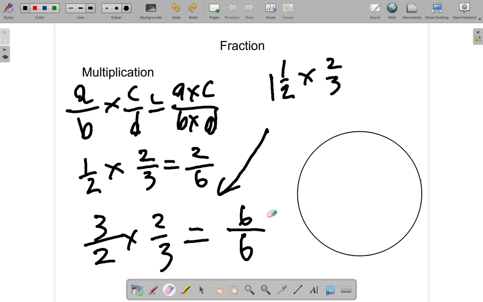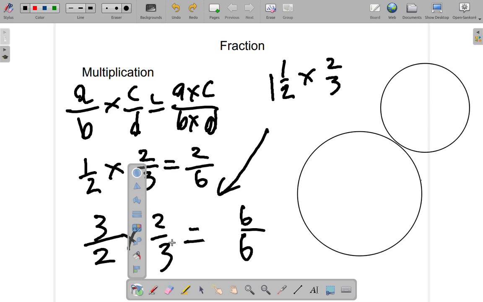All right, now you have 3 halves. That means you had 1 whole circle up here, and then you have half more. 1 whole circle plus half of another circle, and you find 2/3 of that.